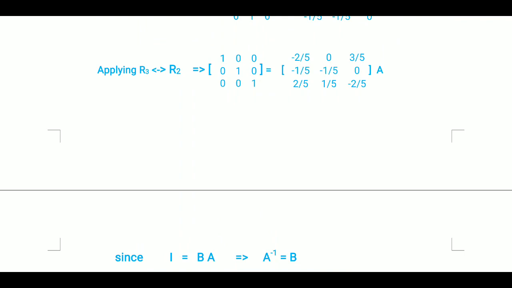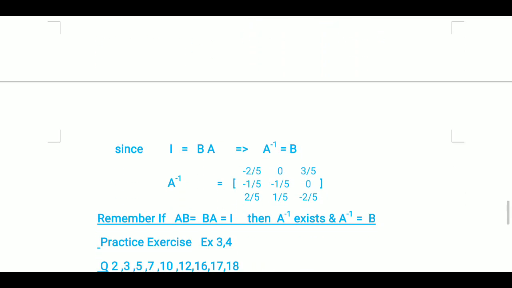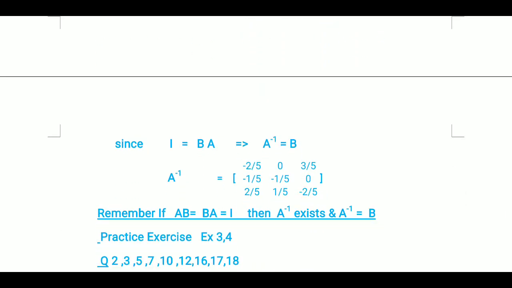So B is equal to A inverse. That means here B is minus 2 by 5, 0, 3 by 5, minus 1 by 5, 1 by 5, 0, 2 by 5, 1 by 5, minus 2 by 5.